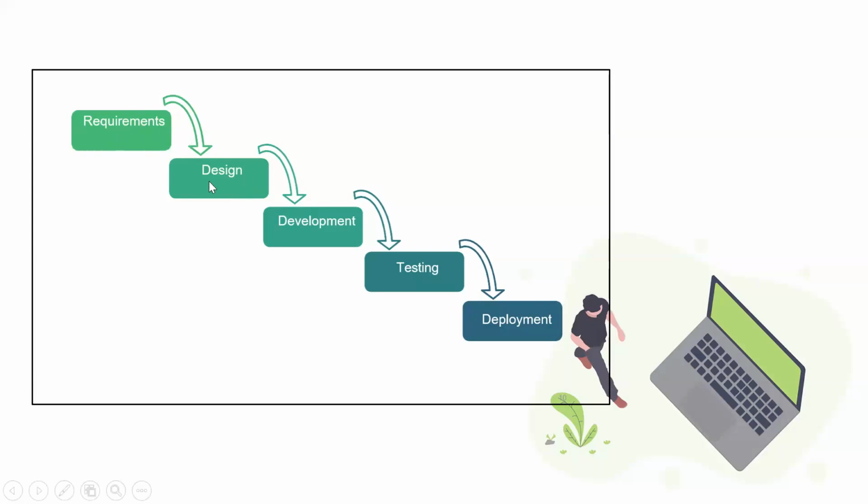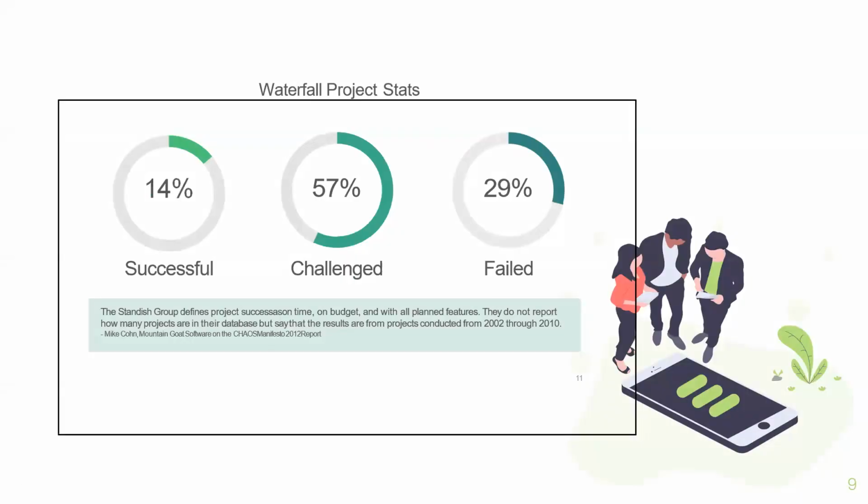If design is not done, each of these phases, each output, is an input into the next thing. So for example, you can't test what you've not developed. You can't deploy what you've not tested. That's one of the disadvantages of the waterfall model. And these are the statistics.